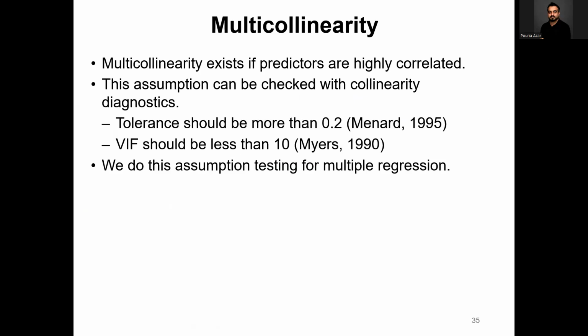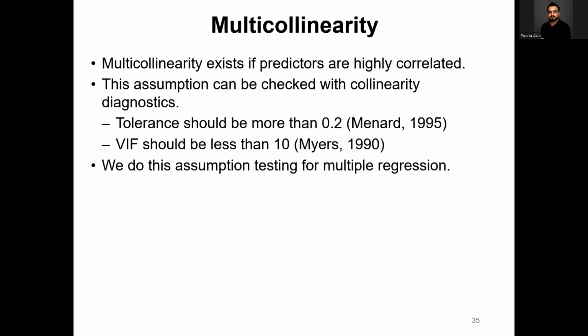Multicollinearity is important in multiple linear regression. In simple linear regression, we don't have to be worried about multicollinearity. Multicollinearity exists if predictors are highly correlated. Imagine, for example, I would like to predict total blood cholesterol levels based on BMI, body weight, and height.